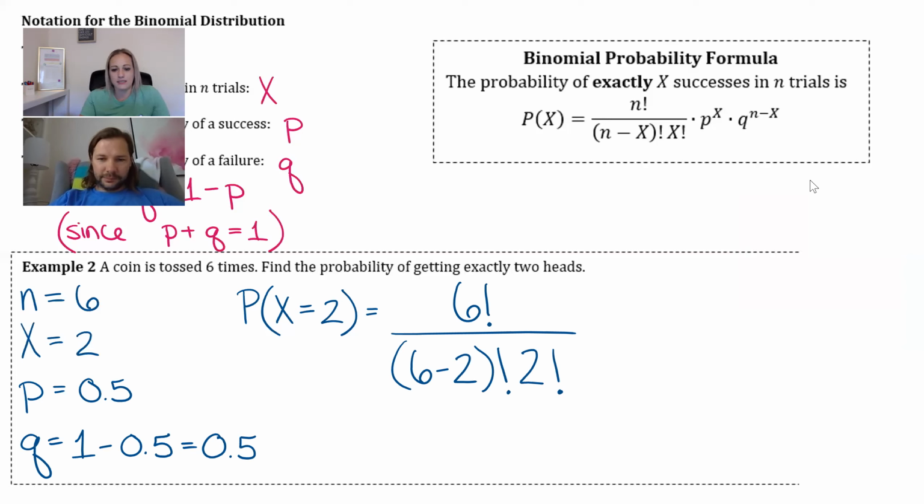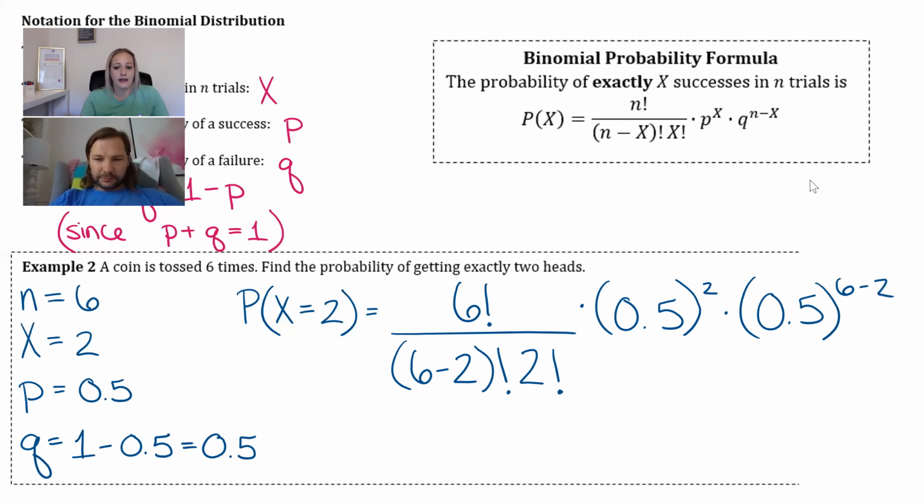And then we're going to times that by P raised to the X power, so times that by 0.5 to the 2nd power. And then times that by Q to the N minus X power, so that'll be 0.5 to the 6 minus 2. Okay, and then you kind of struggle a little bit to type that into your calculator correctly. You're welcome to try that if you want right now. If you're going to do it, just definitely put parentheses around your entire denominator.